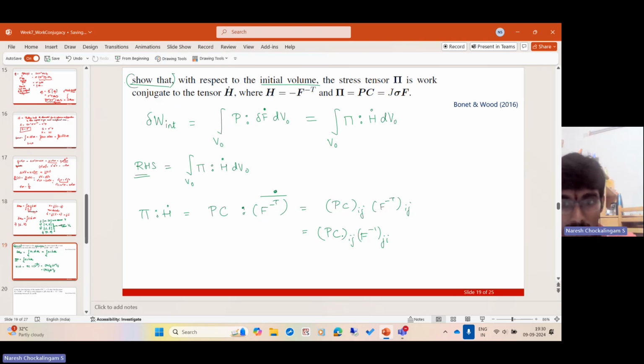Expand this out, you get Pik Ckj F inverse ji with a dot.